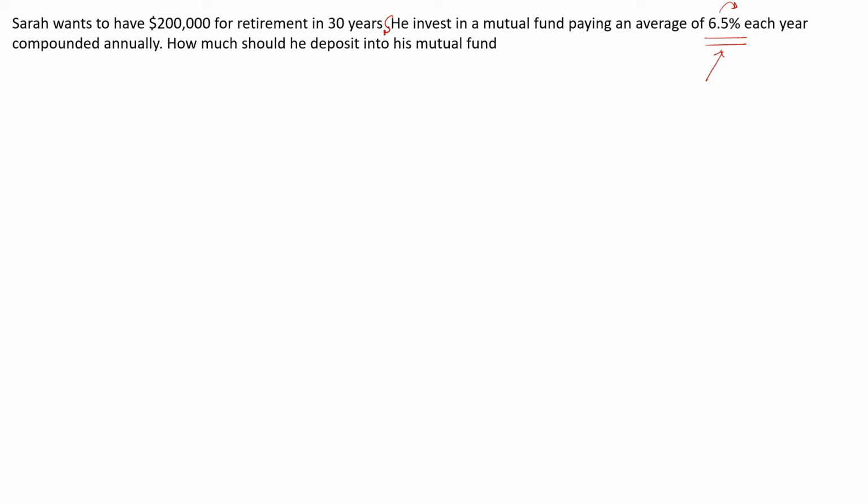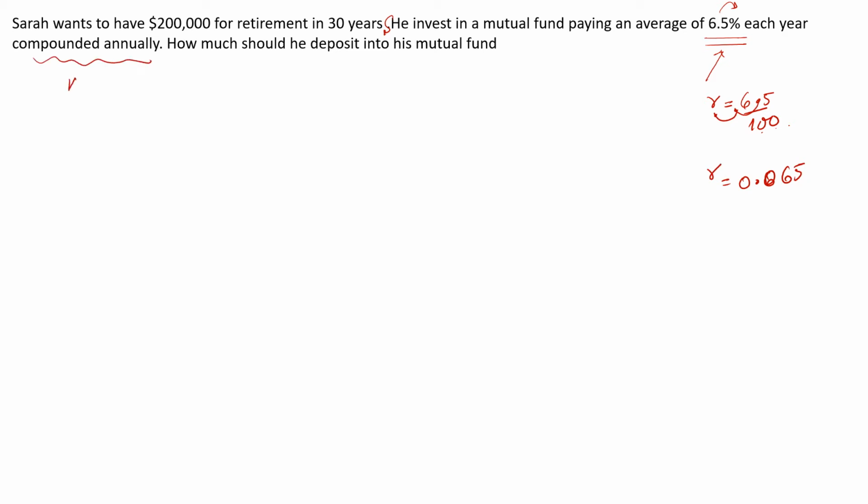Since it is written in the form of percent, I will consider it as R. As I said, all percents must be divided by 100, which has two zeros, so we move the point two decimal places, and we have 0.065 as our R. Compounded annually.